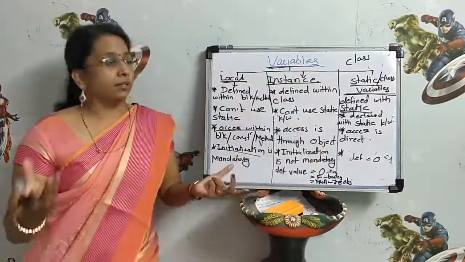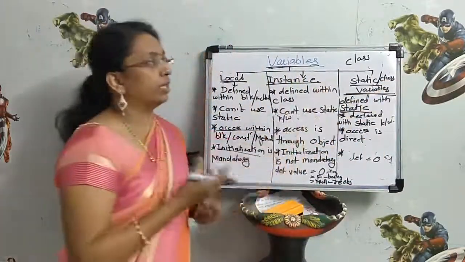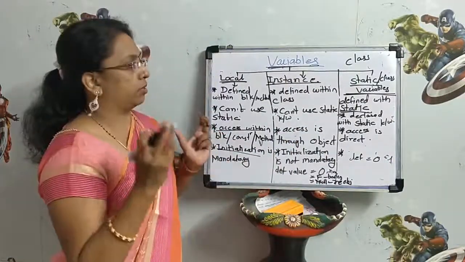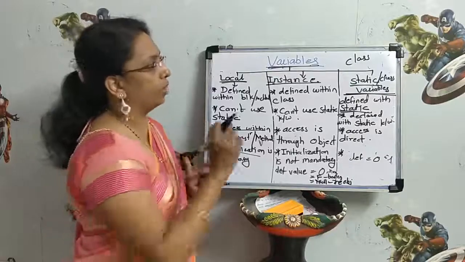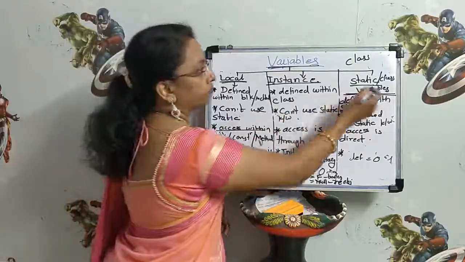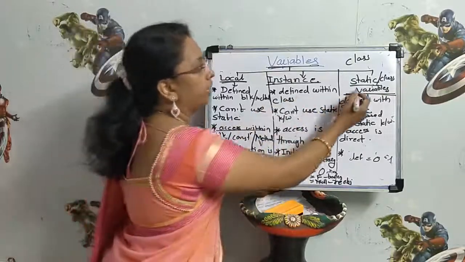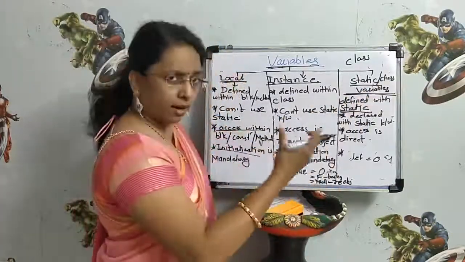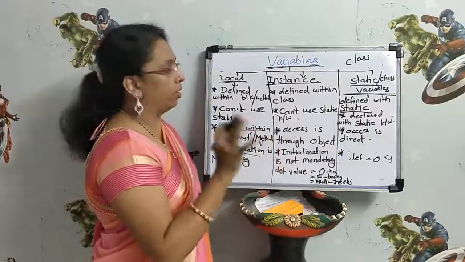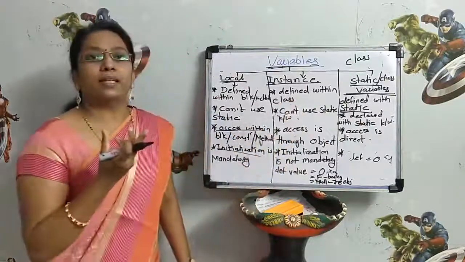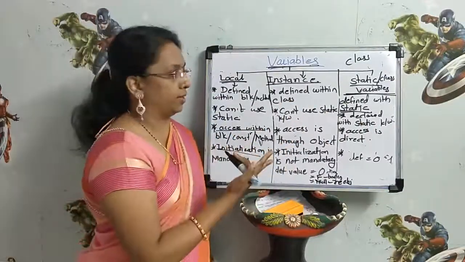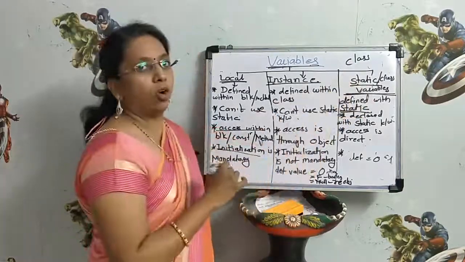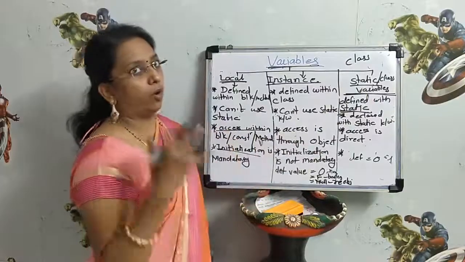Why? Because these variables are associated with the class, and they are common for all the objects, all the instances. Suppose I create 3 objects of the class and I access the static variable through one of the objects; it's common for all.